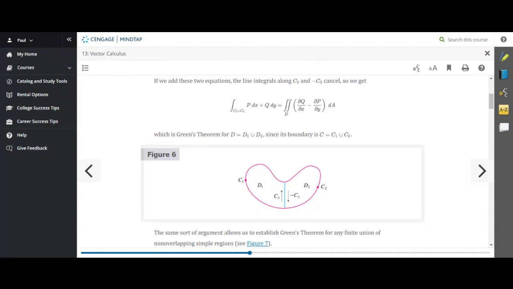In figure 6, you have a curve C1, a curve C3, a curve negative C3, and a curve C2. And we can look at the region D as the union of two simple regions.